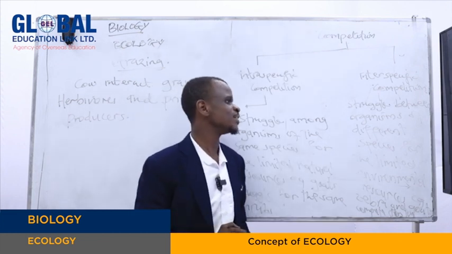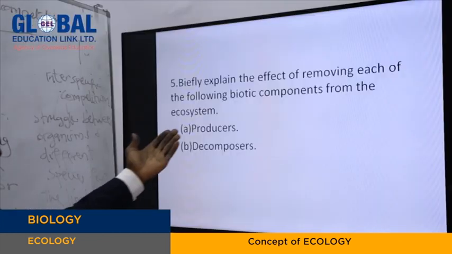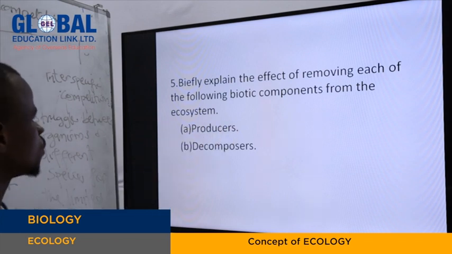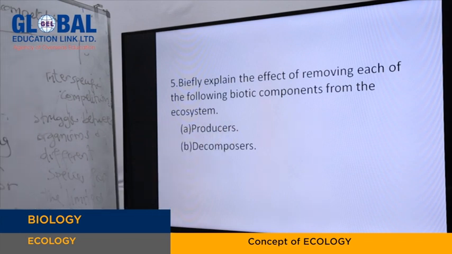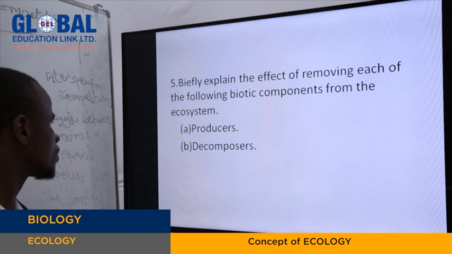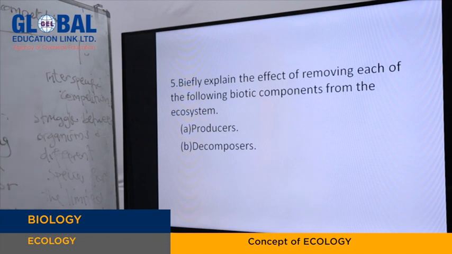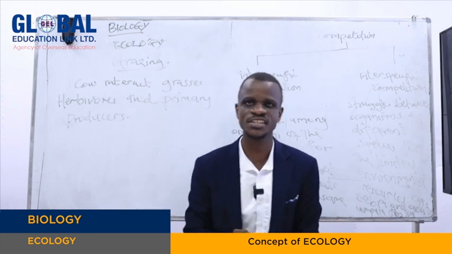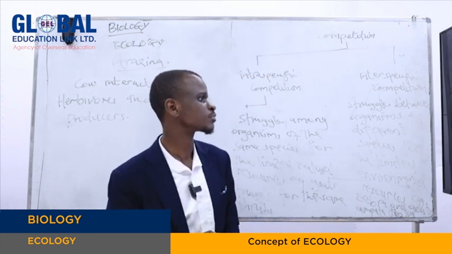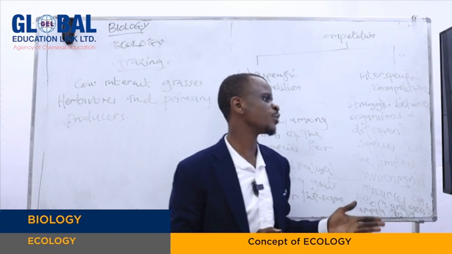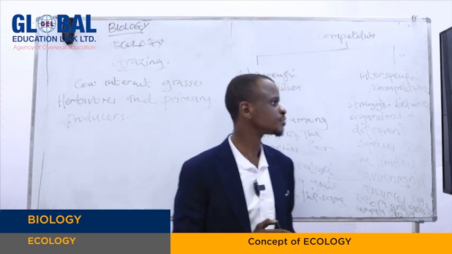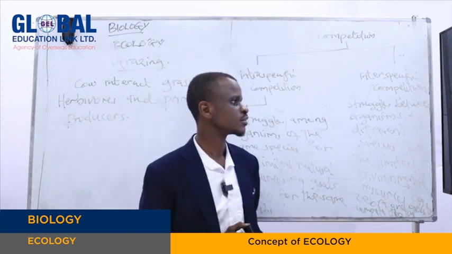Question number 5 is, briefly explain the effect of removing each of the following biotic components from the ecosystem. A. Producers. B. Decomposers. When producers such as plants are removed from the ecosystem, the following will happen. 1.